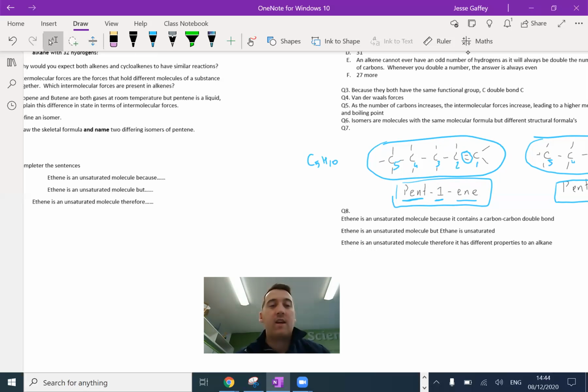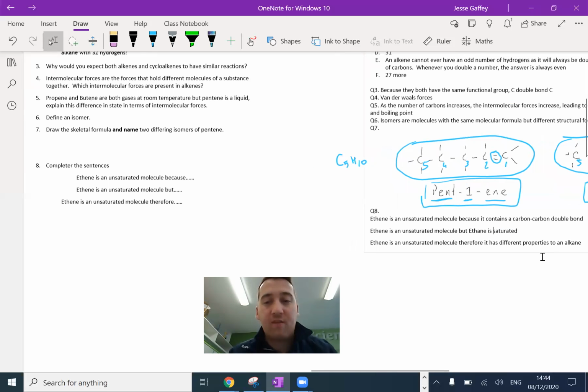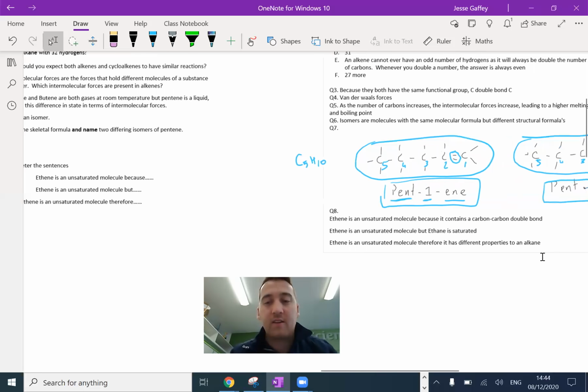Next one: ethene is an unsaturated molecule, but ethane is saturated. Sorry. And finally, ethene is an unsaturated molecule, therefore it has different properties to an alkane.